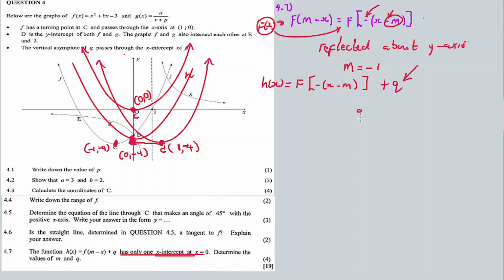So q is going to be equal to +4, because by adding q it simply says I have to shift the graph up or down, but I'm shifting it up because the function h must have only one x-intercept at x equal to 0. So I need to add instead of subtracting. So you shift up by 4 units. So q will be equal to 4, and m equal to -1.